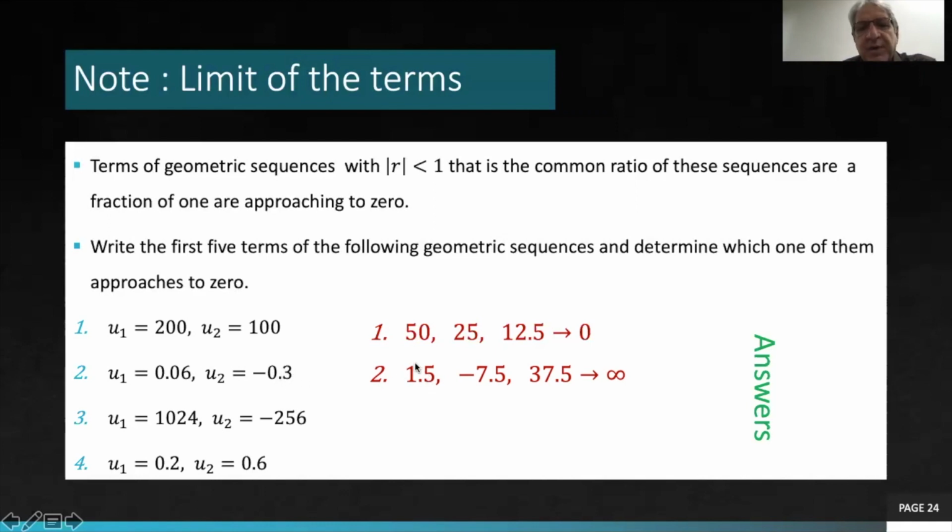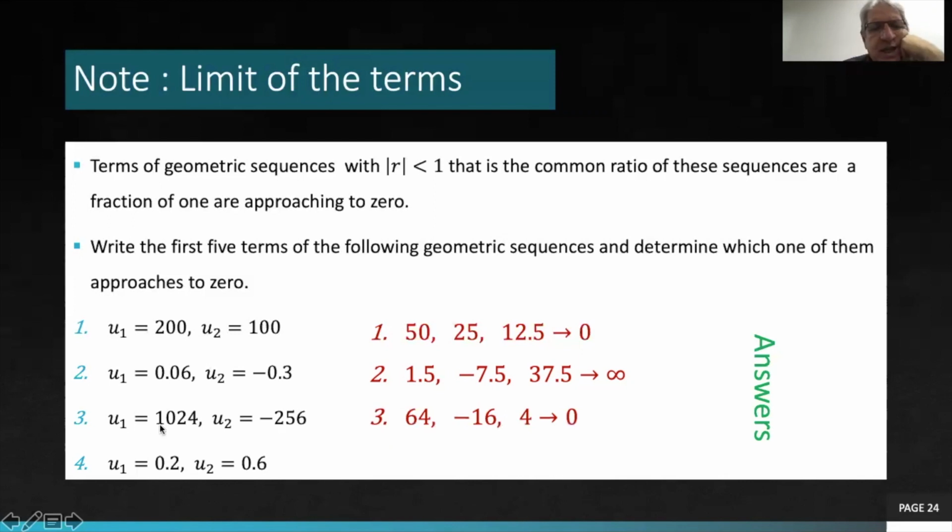If you multiply this by negative 5, you are going to get negative 7.5. And again multiplying by negative 5, you are going to get 37.5. You can see that the terms started very small, but it is growing and growing and growing. It grows to infinity. That means r is the most important factor in the growth of this sequence.